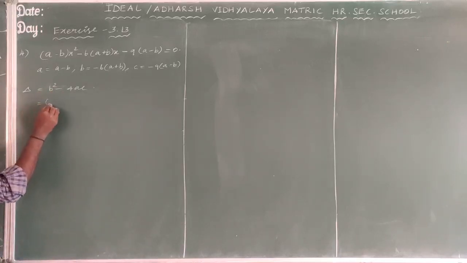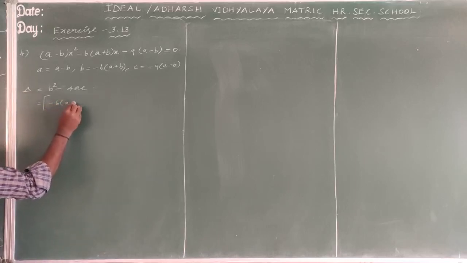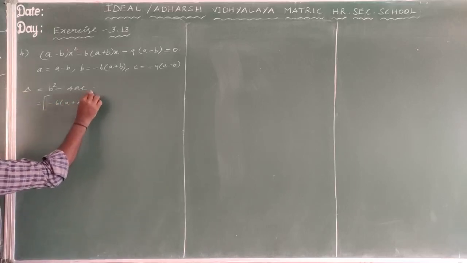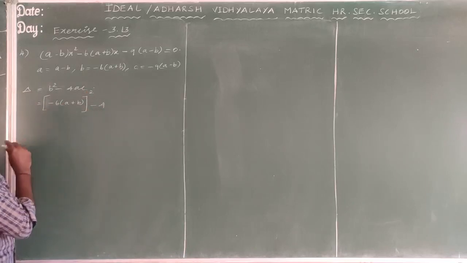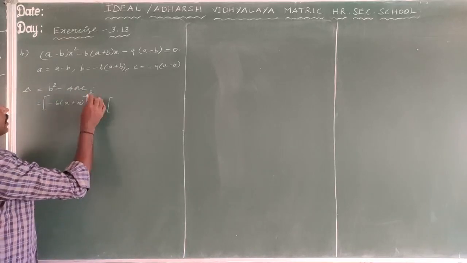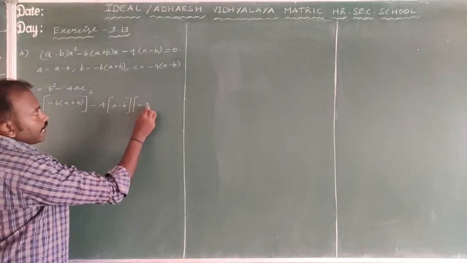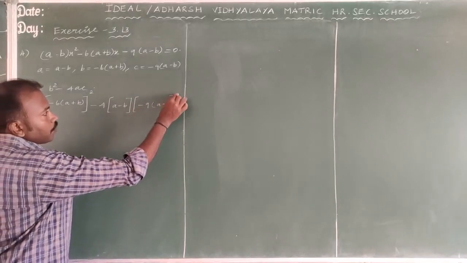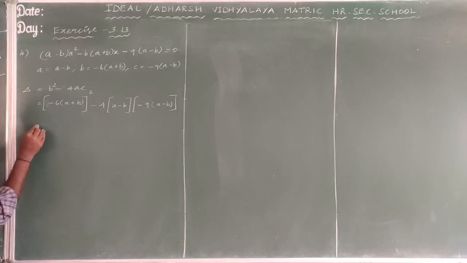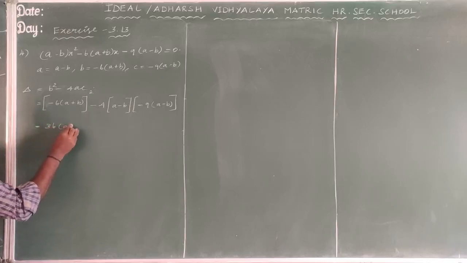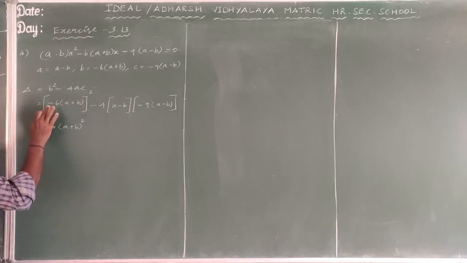Then the discriminant is equal to b square, that is minus 6 into a plus b the whole square, minus 4ac, that is a minus b into c, minus 9 into a minus b, that is 36 into a plus b the whole square. Minus into minus plus, 6 sixes are 36.